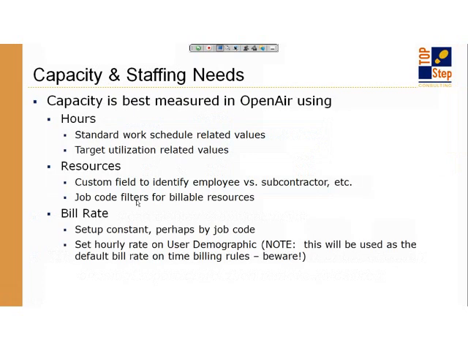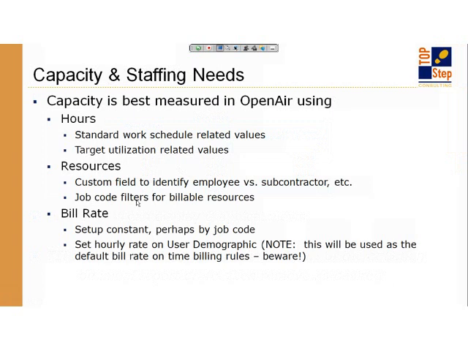So that brings me to capacity and staffing needs. So great, I just got done talking about utilization and how I can figure out how to measure the numerator and the denominator and customize things and identify available hours. And you know what? All of that same thing applies to the term capacity. Capacity is hours and revenue capacity is what I'm talking about here.